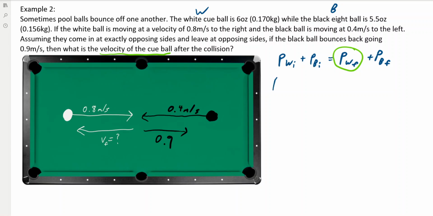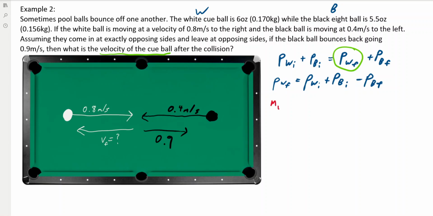So it's going to be PWF equals PWI plus PBI minus PBF. Basically, we've just moved the PBF over to the left-hand side by subtracting on both sides. Okay, now we can plug this in with all of the different momentum.